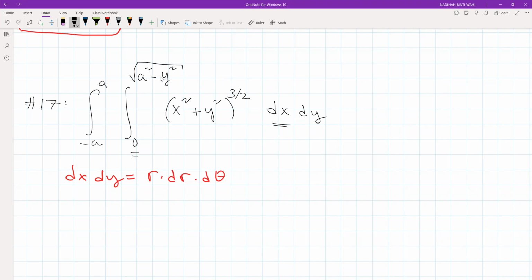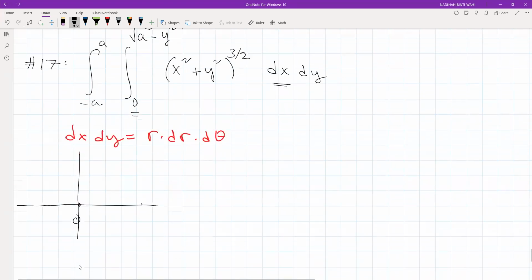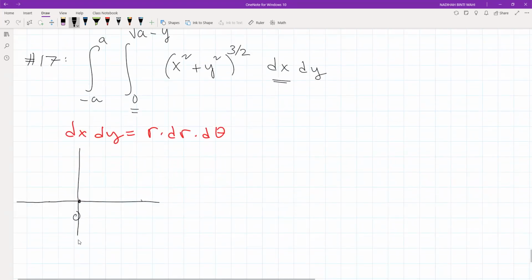Okay, in this case we have corrected the boundaries. Okay, x goes from this. So x starts from 0, if we sketch the region.